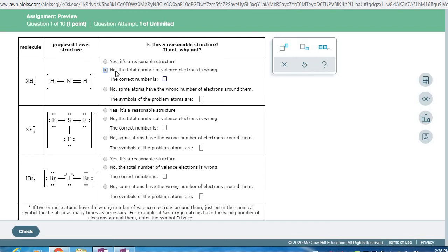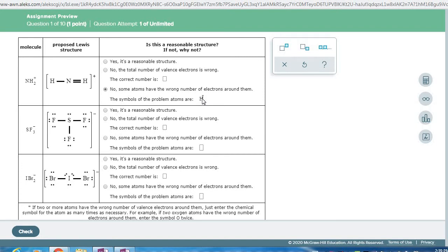There are the right number of valence electrons, but some of the atoms have the wrong number of electrons around them. The problem atom is that hydrogen. That's how I would tackle that first one.